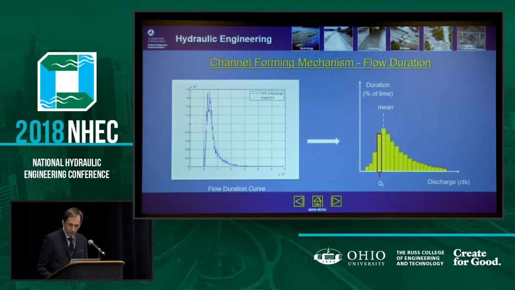So let's say a Q1, and then what we do is we pick these bins, these durations. These increments can be picked in shorter periods, but in order to speed up the work in CFD, because CFD is very time-consuming, we were a little bit more generous picking these increments.